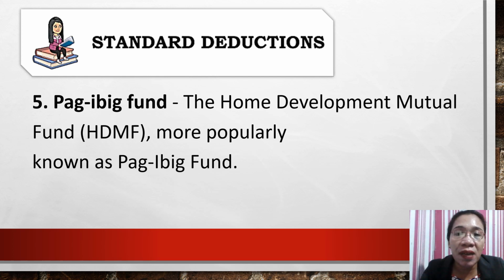This was established to provide a national savings program and affordable shelter financing for Filipino workers. Dito, pwede kang mag-loan para sa pabahay or magpagawa ng bahay. Kaya nga tinatawag siyang Home Development Mutual Fund. And this is affordable.